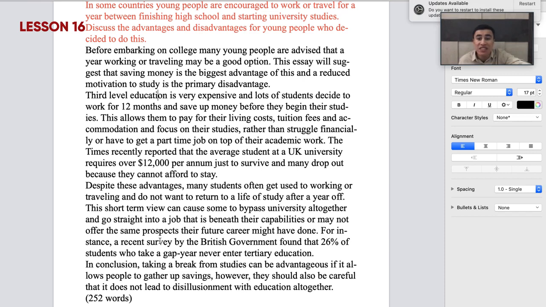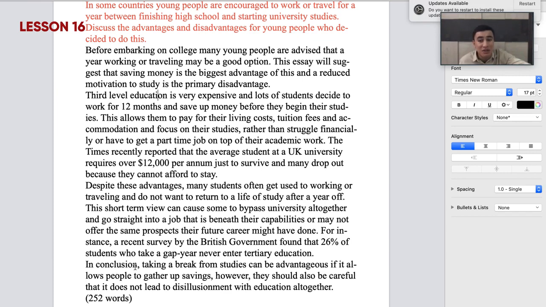For instance, a recent survey by the British government found that 26% of students who take a gap year never enter tertiary education. So this is a very nice and relevant example again because it shows statistics, numbers. Okay, almost a quarter of students that actually take a gap year never continue their higher education.